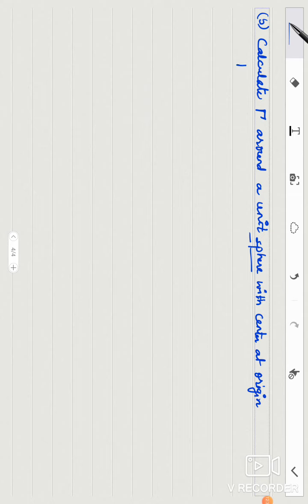So I know that gamma is equal to the integral of q dot dr, where dr is the line element. But in this case, since I have to calculate the circulation around a circle with center at origin, this is the circle.